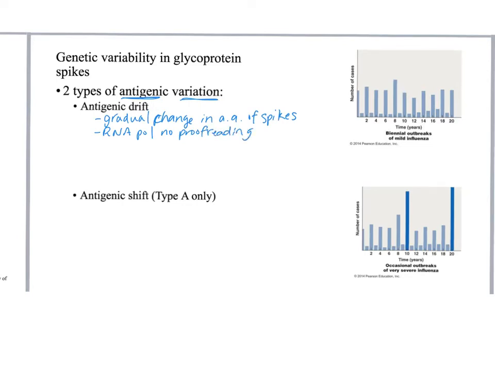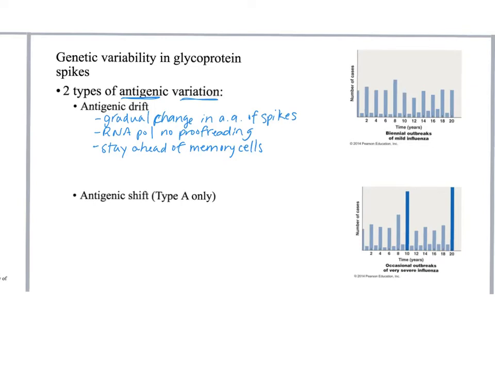So it makes a lot of mistakes. Okay, so basically those spikes can kind of stay ahead of memory cells. Okay, this is kind of a gradual change, though. It's not every 10 days like we saw with the gonorrhea, but it can stay ahead of the memory cells in terms of kind of year to year.